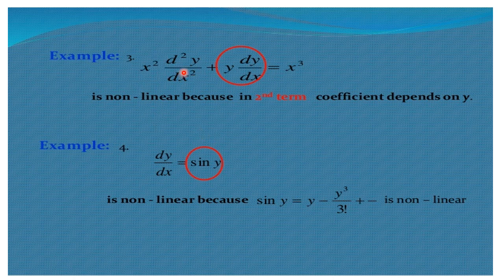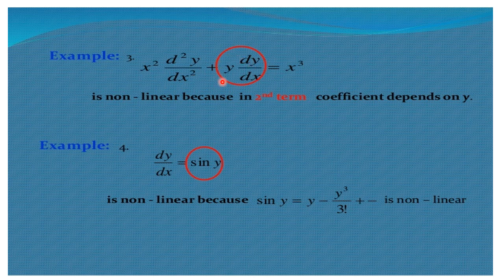See here, again, there are a few examples of linear and non-linear. It is x square d square y upon dx square plus y into dy upon dx is equal to x raised to the power 3. Which one is the dependent variable? y. y is the dependent variable. This is non-linear because in the second term the coefficient depends on y. Clear?